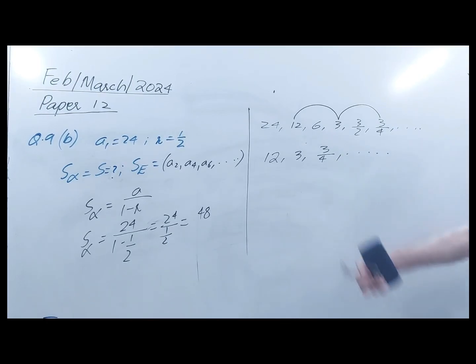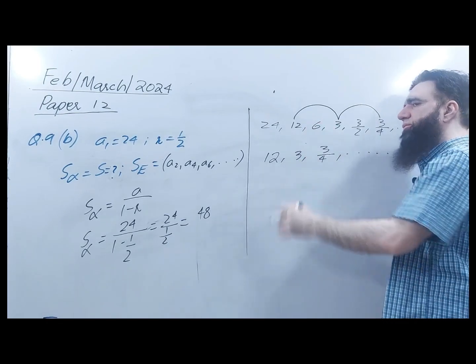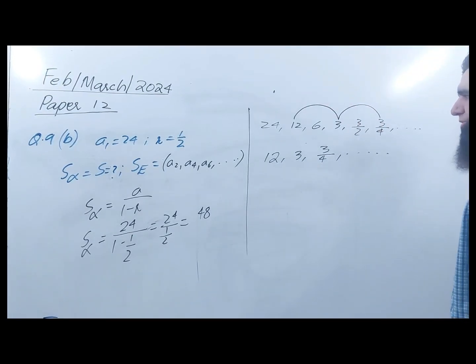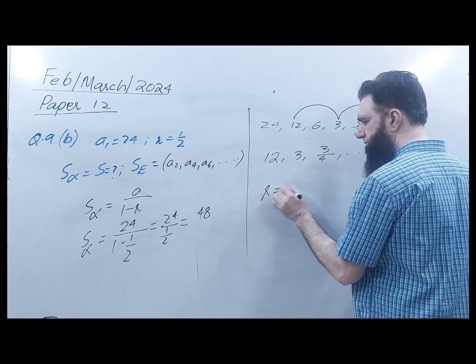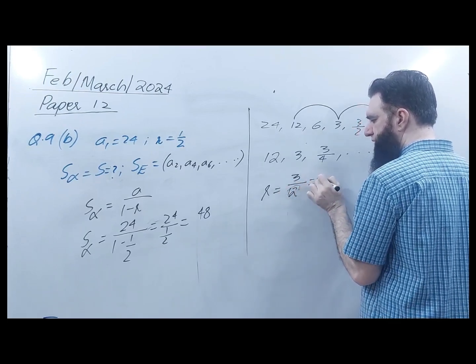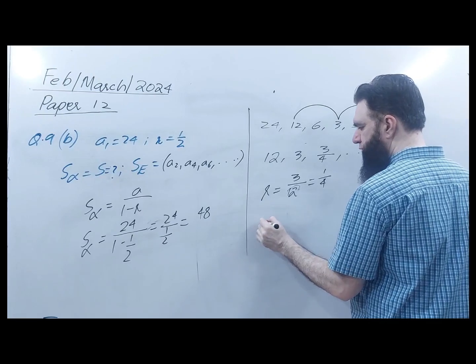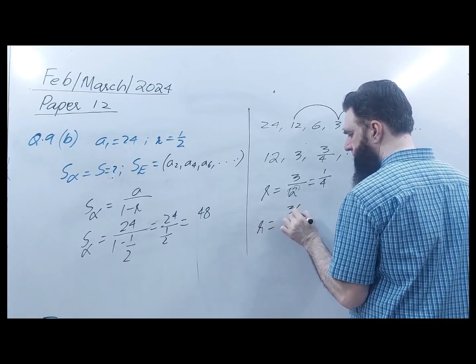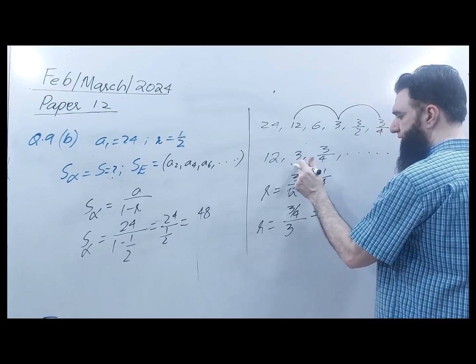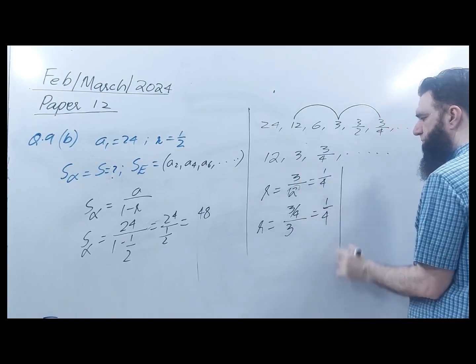You have to find the sum of this. Because these are terms of a geometric progression, this will also be a geometric progression. You can check: r is the second term divided by the first term, so you get 1/4. If you check again, the third term divided by the second term, what you get is 1/4. So r is 1/4.